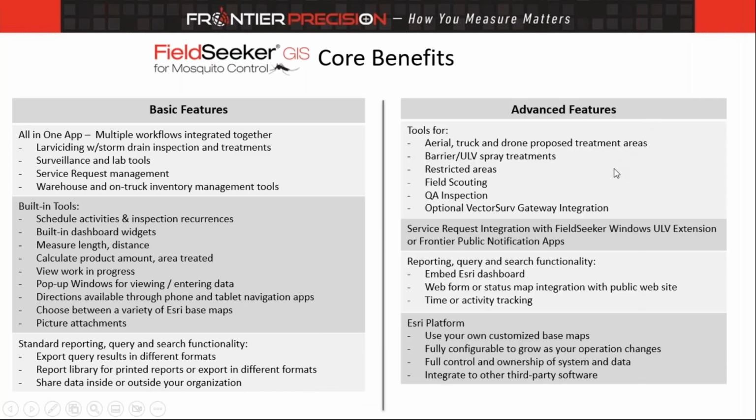Some advanced features include tools for aerial, truck, and drone proposed treatment areas, barrier and ULV spray treatments, restricted areas, field scouting, Q&A inspection. And then we can also do service request integration with the Field Seeker Windows ULV extension or the public notification app.